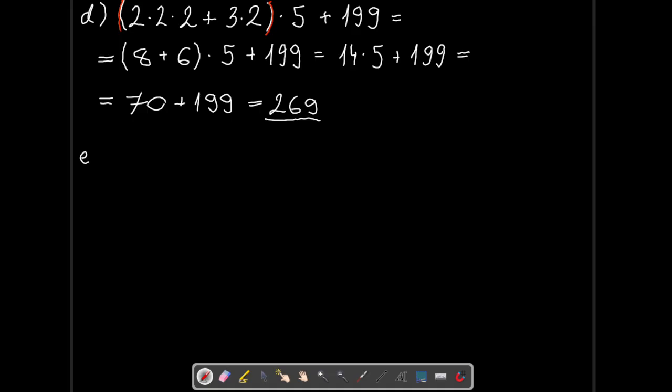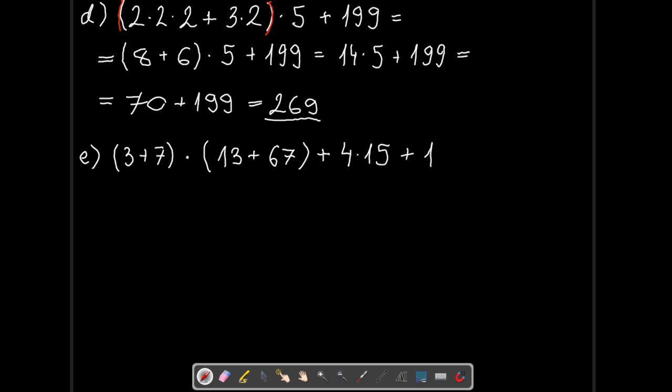Next example. Example E. We have 3 plus 7 times another bracket here, 13 plus 67 plus 4 times 15 plus 1.